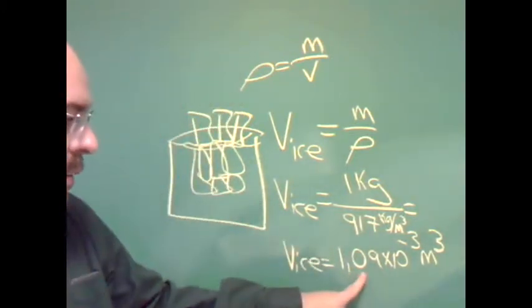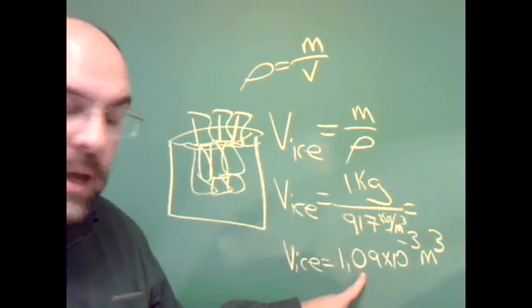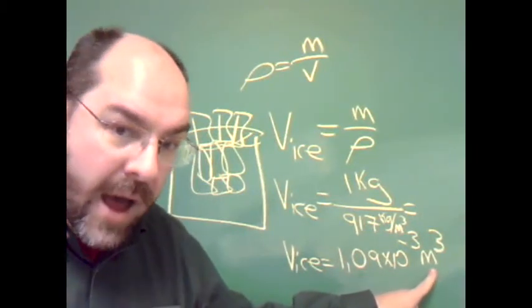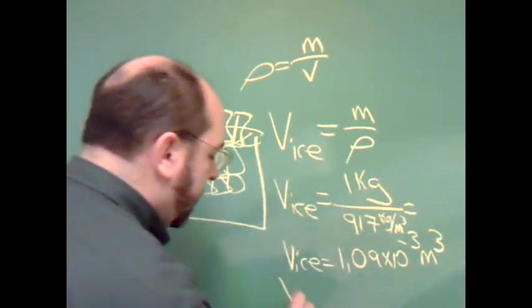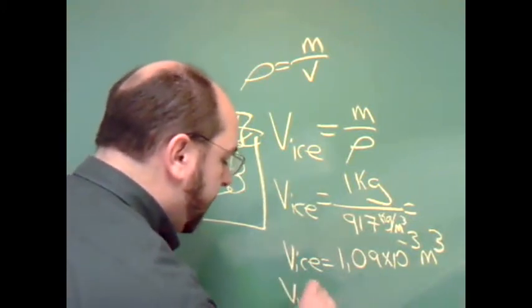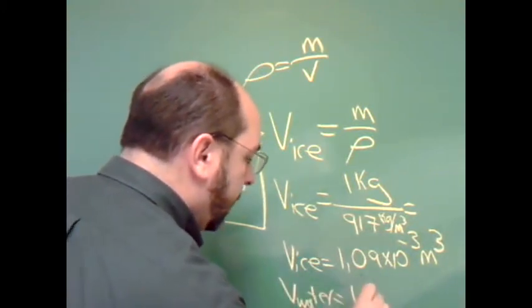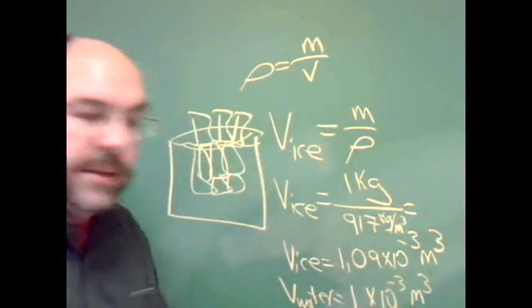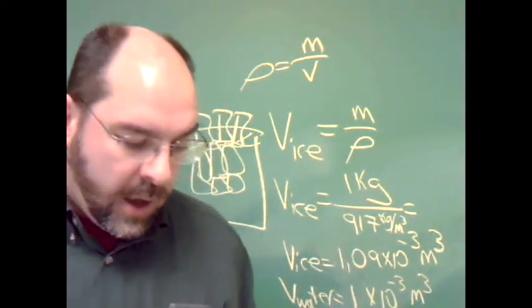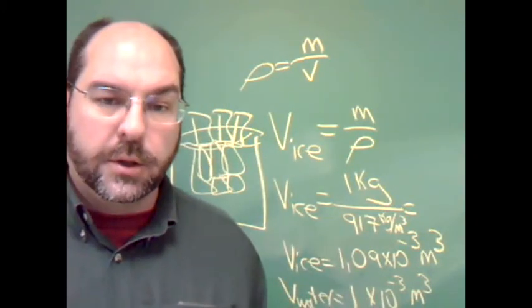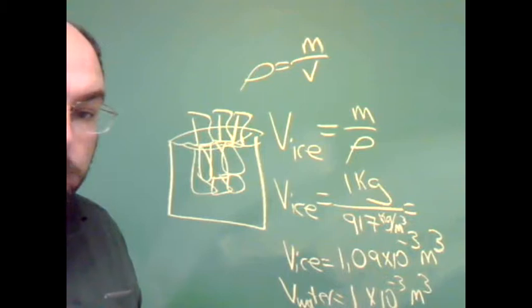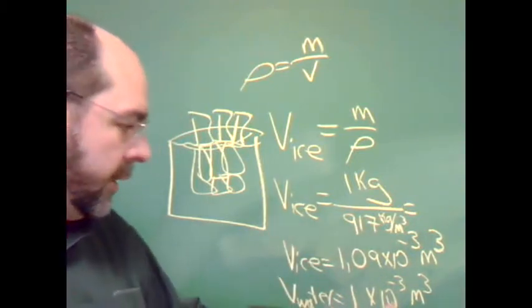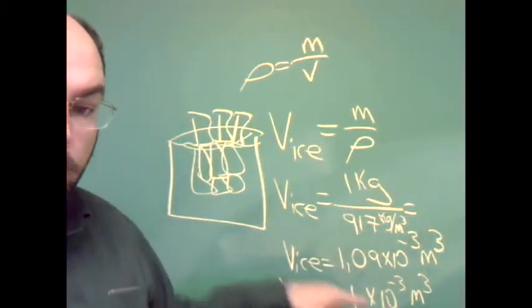So this 1.09 times 10 to the negative third cubic meters of ice is displacing a volume of water of 1 times 10 to the negative third cubic meters, because the density of water is 1,000 kilograms per cubic meter. So in order to displace 1 kilogram worth of water, it's going to be this volume.